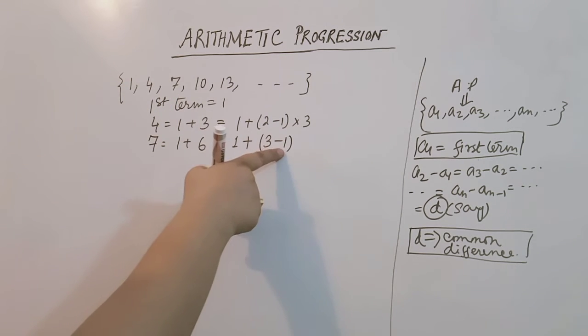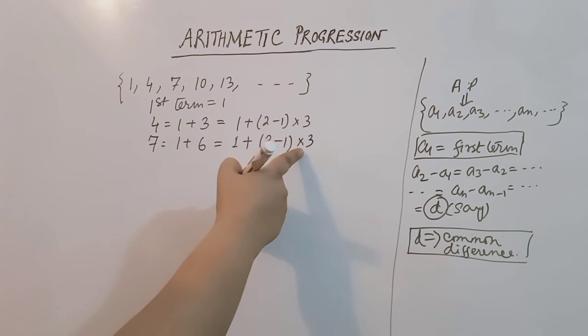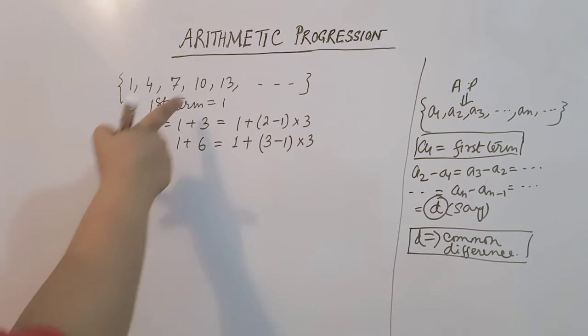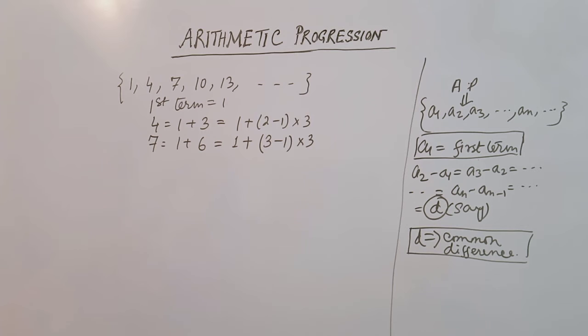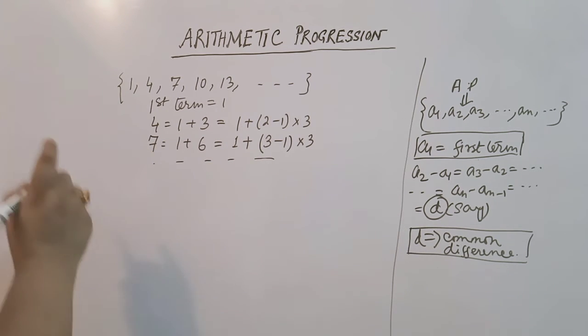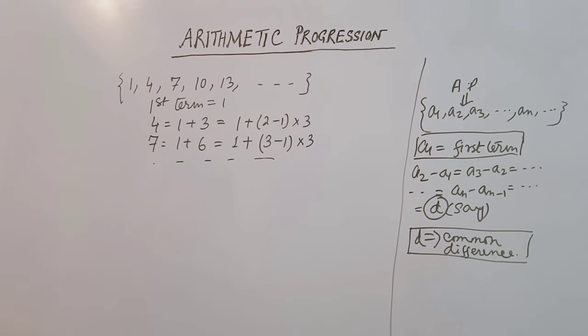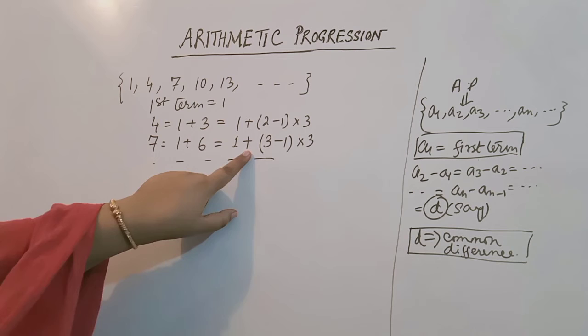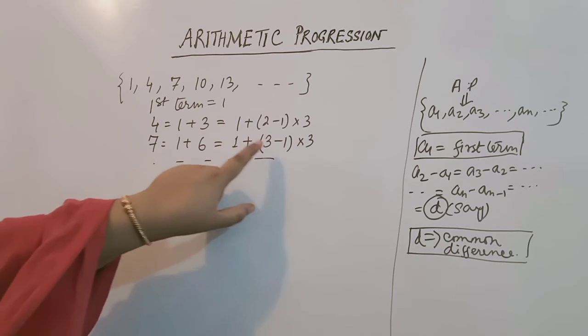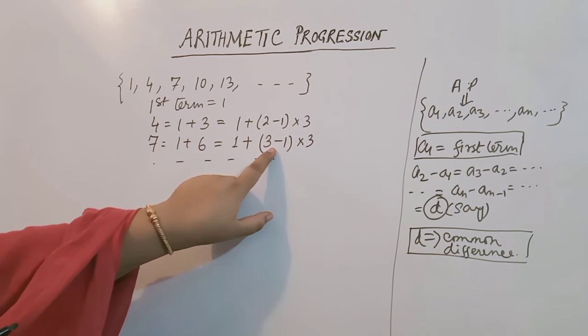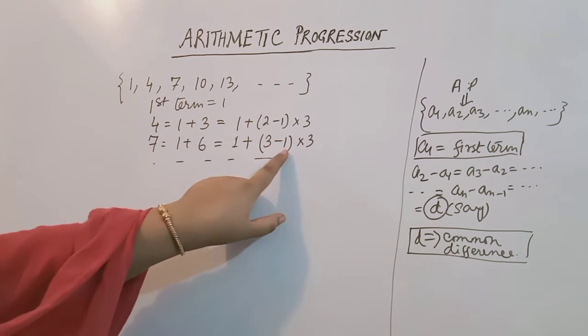So 3 minus 1 into that common difference will also give us this third term. And you can test for the other terms also. So here each term of this arithmetic progression can be obtained by adding the first term with the product of the common difference and the position of the term minus 1.